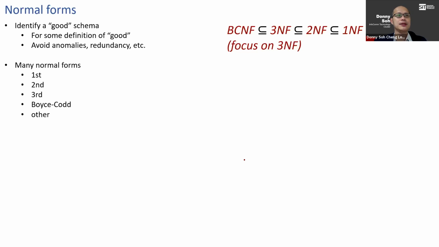BCNF is really not required. It's good to have, but typically if you start at 3NF, it is often good enough. So the question now may be, what do you mean by 3NF or BCNF? We will explore that now.